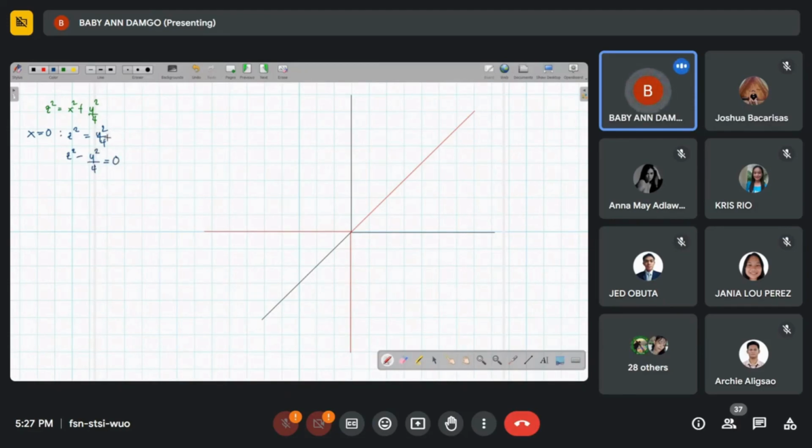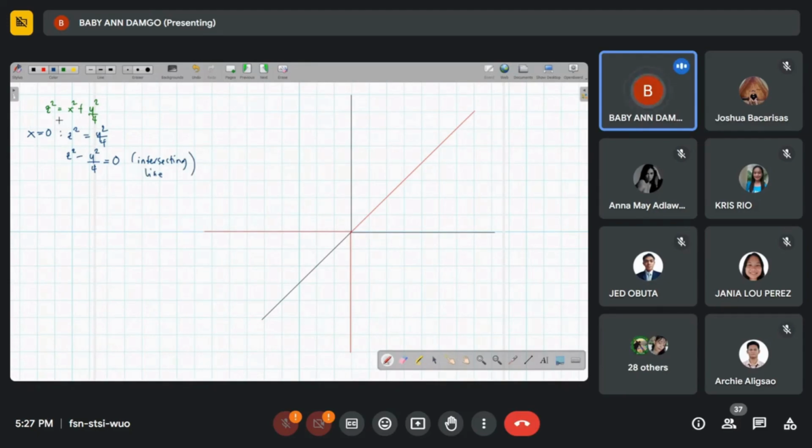Okay, remember, the standard equation of hyperbola is x squared over a squared minus y squared over b squared is 1. But, the result is not 1. So, actually, the graph for this is an intersecting line.